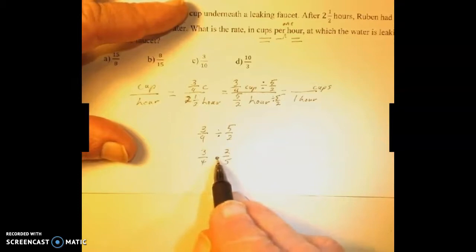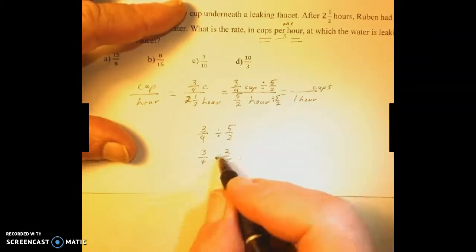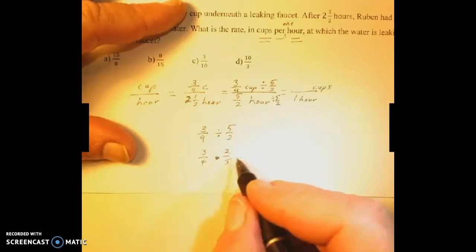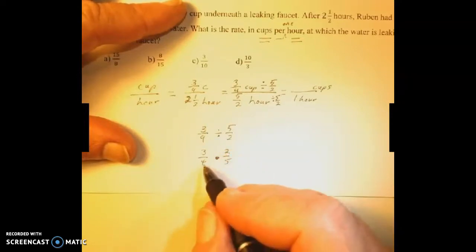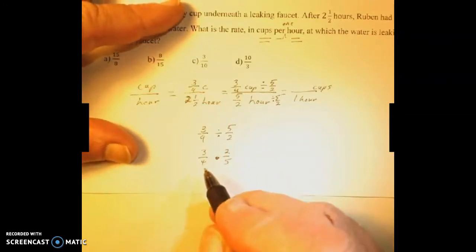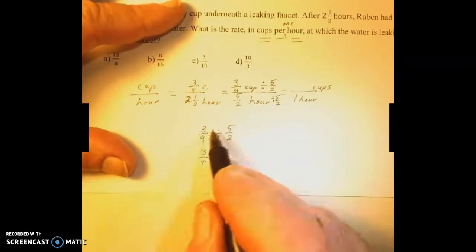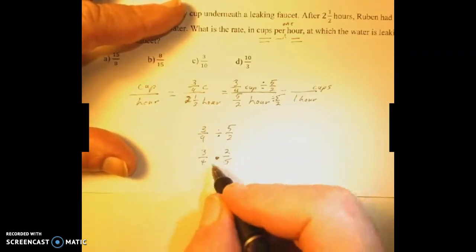Now that it's multiplying, you can reduce before you multiply. 4 and 2 can both be divided by 2. Again, it has to be one number in the numerator and one number in the denominator that can both be divided by the same thing, and it must be when you're multiplying. No, you can't do reducing when it's set up as dividing.